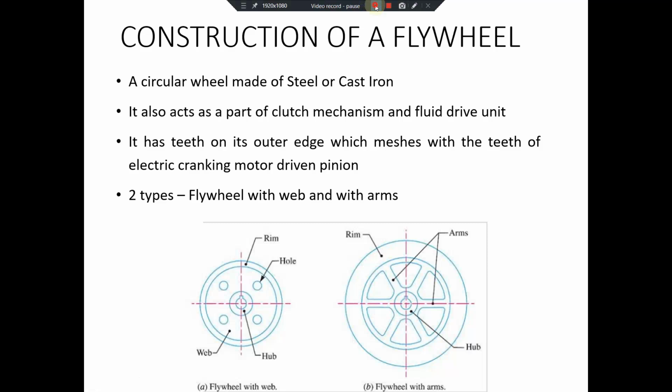So you can see, the gear teeth machined on the surface of the rim of the flywheel engage with the starter motor pinion.